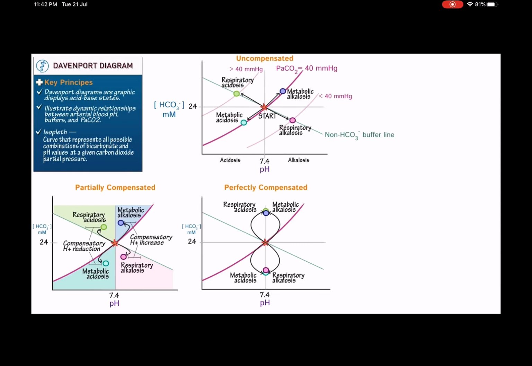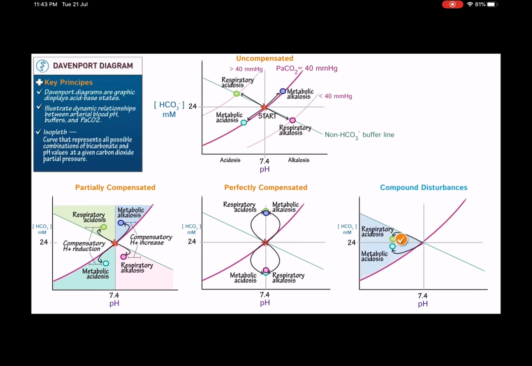So finally, let's see what the Davenport diagram looks like in compound acid-base disturbances. First, show that if both metabolic and respiratory acidosis are in play, pH is reduced more so than if just one disorder was influencing pH. The shaded area shows the range of possible values that could result.